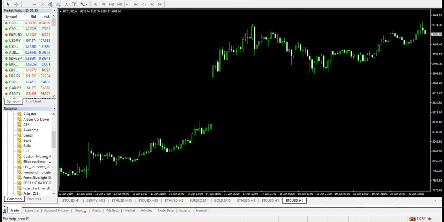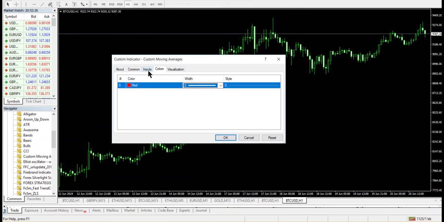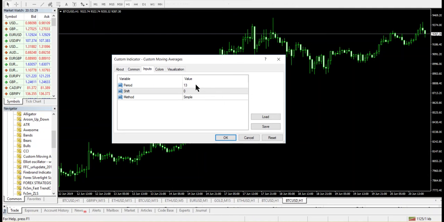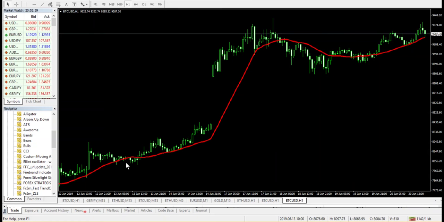Bring this down where you can see what I'm doing. Inputs 13. Let's make it a 20. There we go. So now just with a simple 20 moving average, you know that anytime the price is above, it's a buy, and below is a sell. So that right there helps you alone.